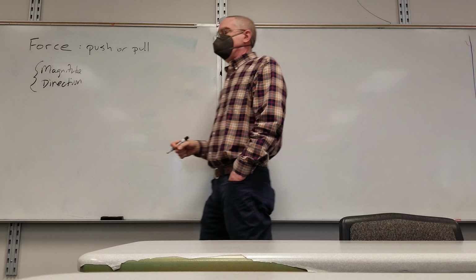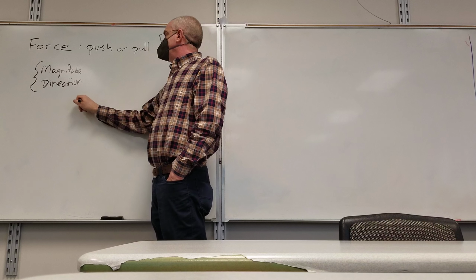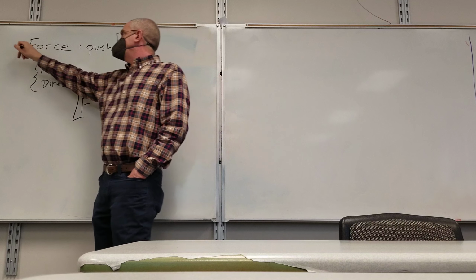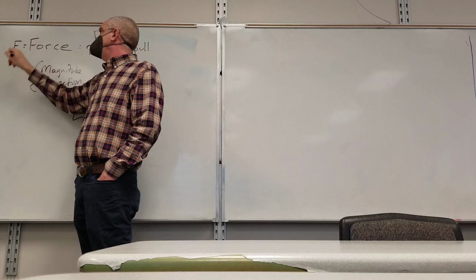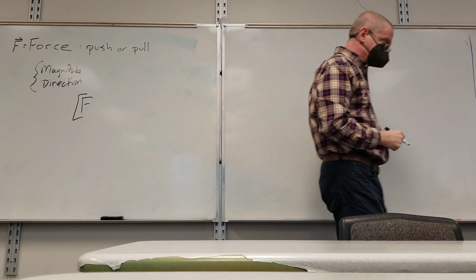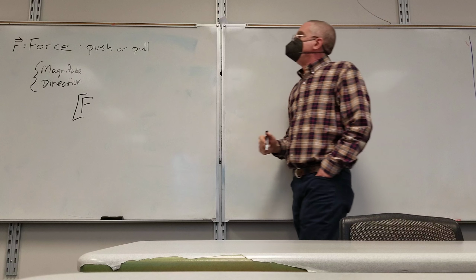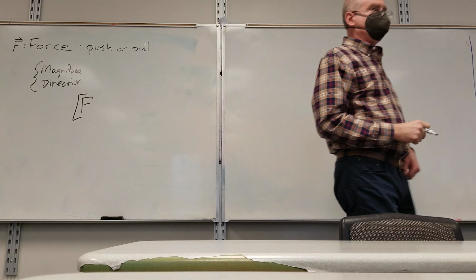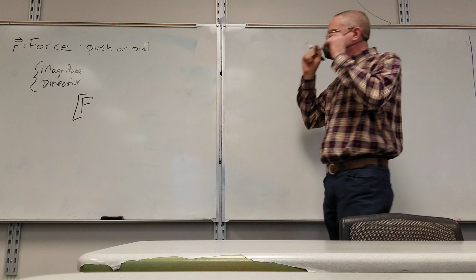Let's talk a little bit about units. The symbol I use for force is capital F. And since it's a vector quantity, put the little symbol over top of it. If I drop the vector symbol over it, what I'm talking about is just the magnitude.